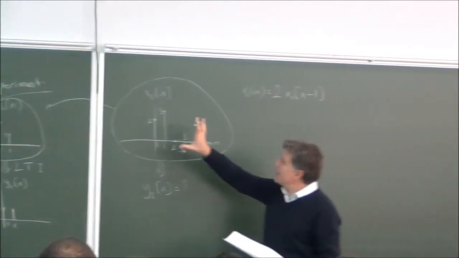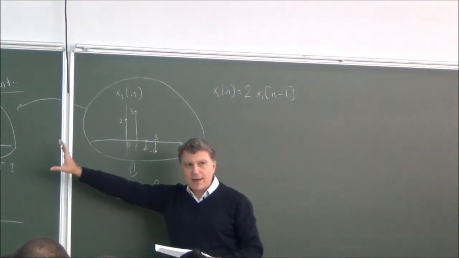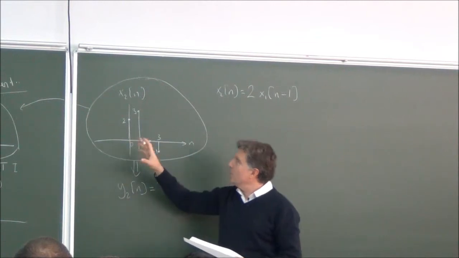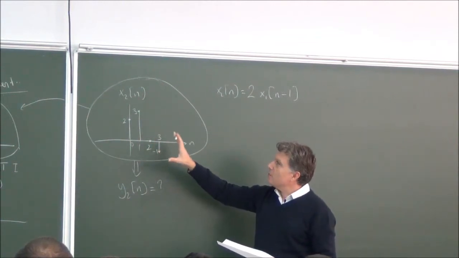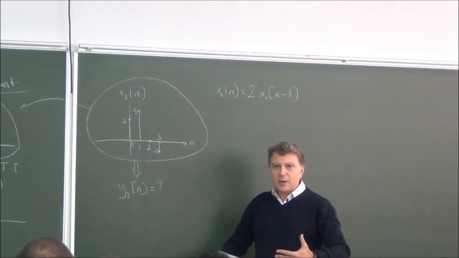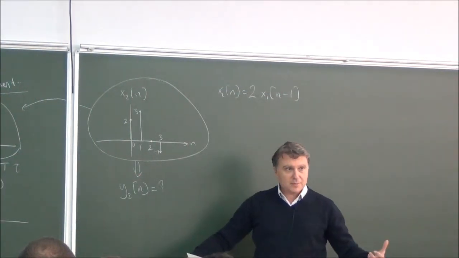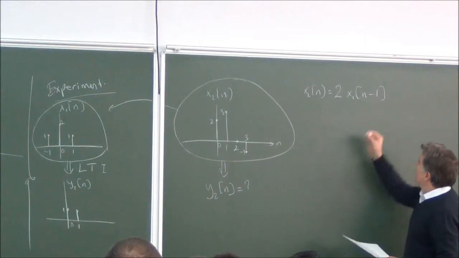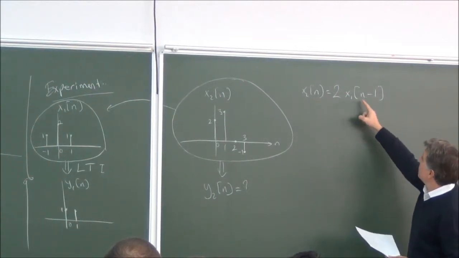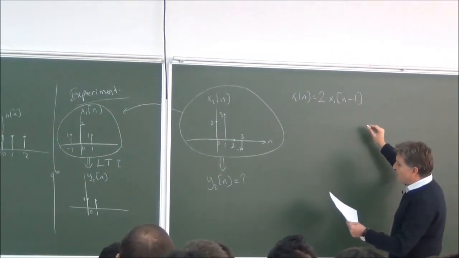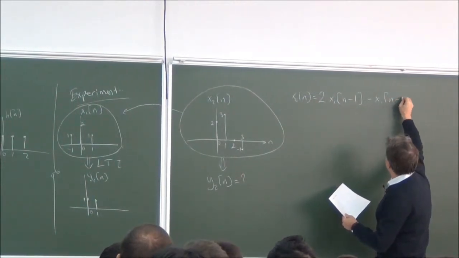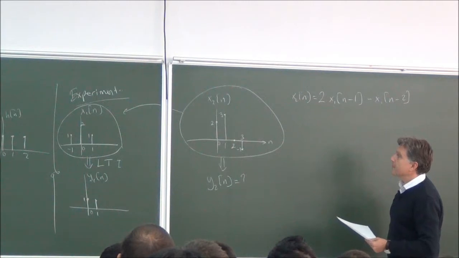I want to express x2 of n in terms of x1 of n. And while doing so, it will be a combination of x1, its shifted versions, and scaled versions, summing up. So 2x1 of n minus 1 will be one component, minus x1 of n minus 2 will be another component.